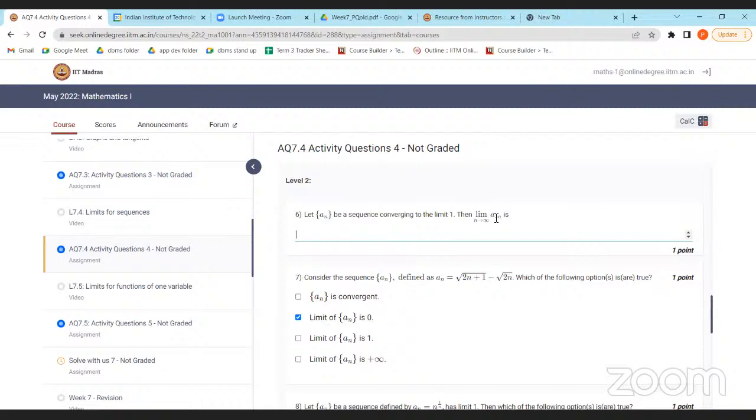Can we apply any property here? We are just simply changing the sequence index n to 3n, right? So it will tend to what, 1 or 0?